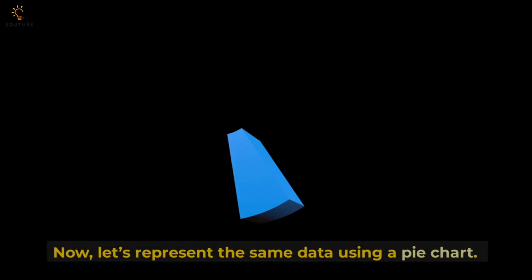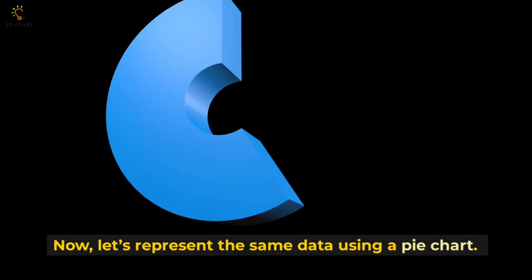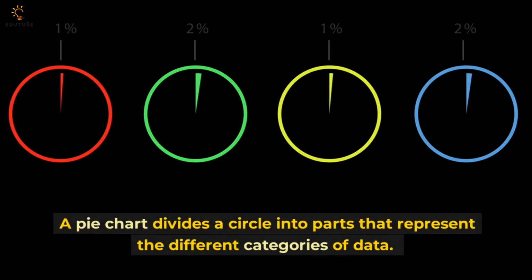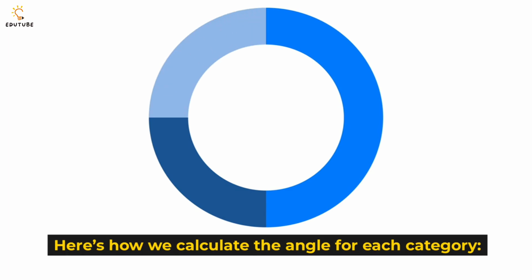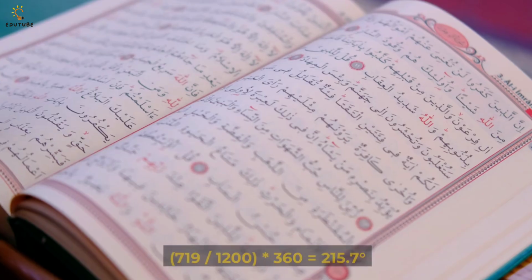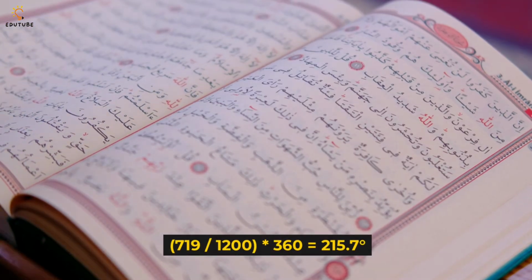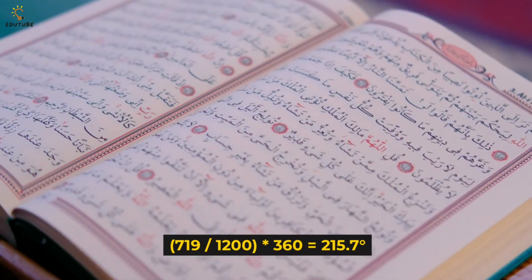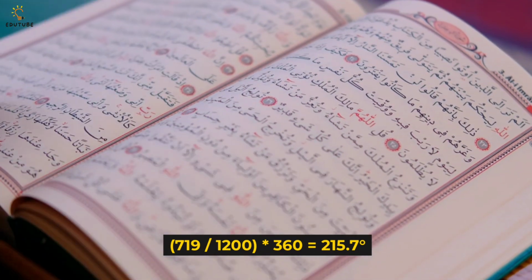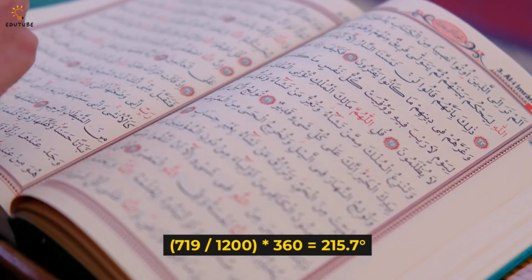Pie chart. Now let's represent the same data using a pie chart. A pie chart divides a circle into parts that represent the different categories of data. Here's how we calculate the angle for each category. Urdu medium, 719/1200 * 360 = 215.7 degrees.